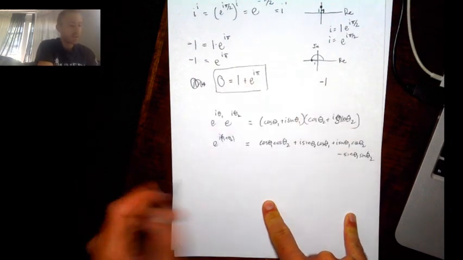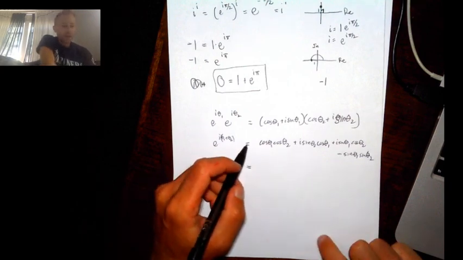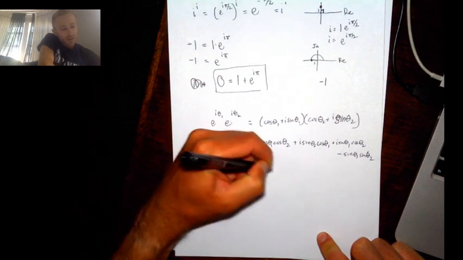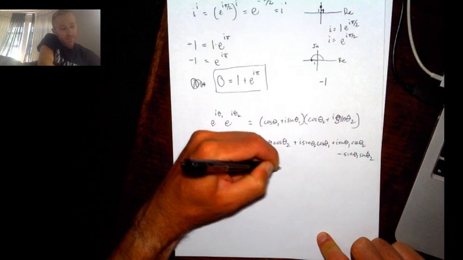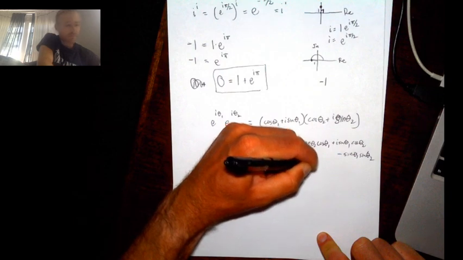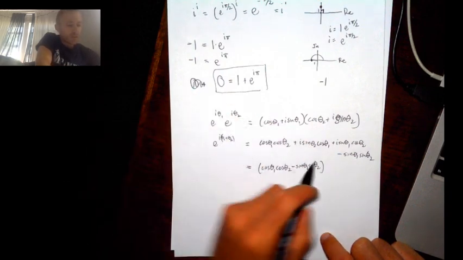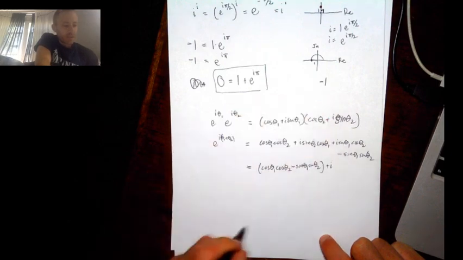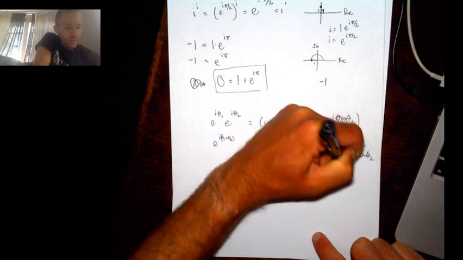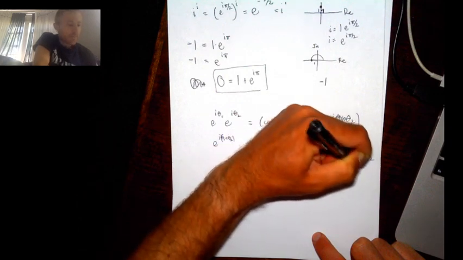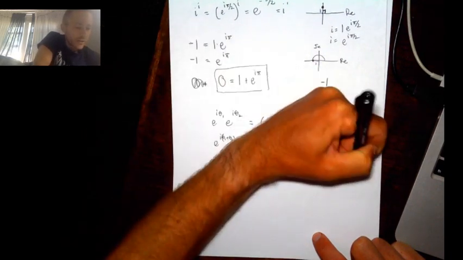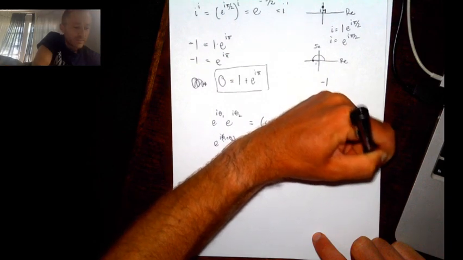Now I'm going to collect the imaginary terms, and I'm going to collect the real terms. So cosine of theta 1 cosine of theta 2 minus sine of theta 1 sine of theta 2, plus i times (sine of theta 1 cosine of theta 2 plus sine of theta 2 cosine of theta 1).